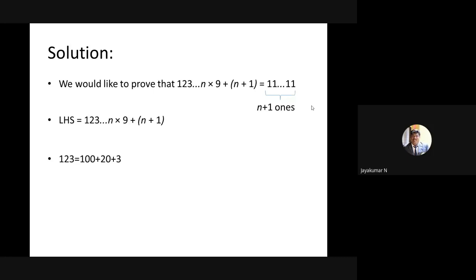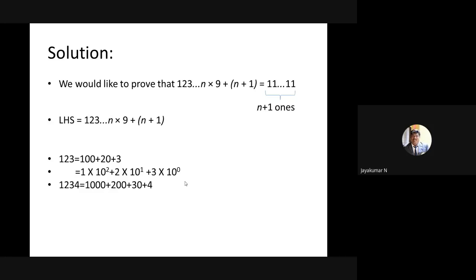That is, I have to represent it by unit place, tens place, hundreds place; like that you have to split. So 123 is 100 plus 20 plus 3. I can rewrite this: 100 is 1 into 10 square, 20 is 2 into 10 power 1, 3 is equal to 3 into 10 power 0. So I represent 123 as a base 10 number: 10 square, 10 power 1, 10 power 0, and so on.